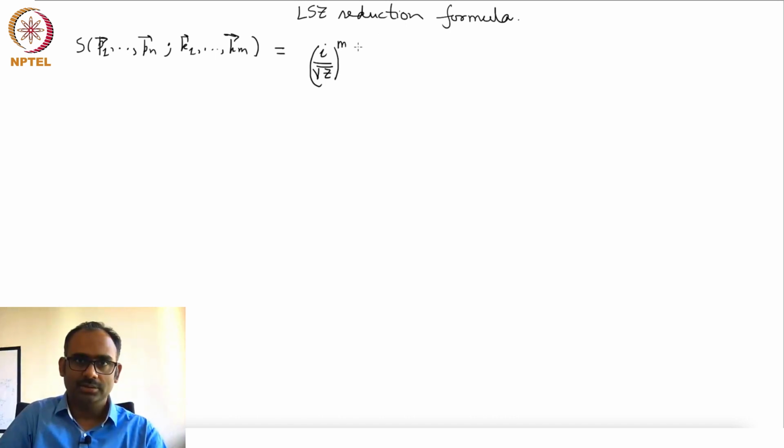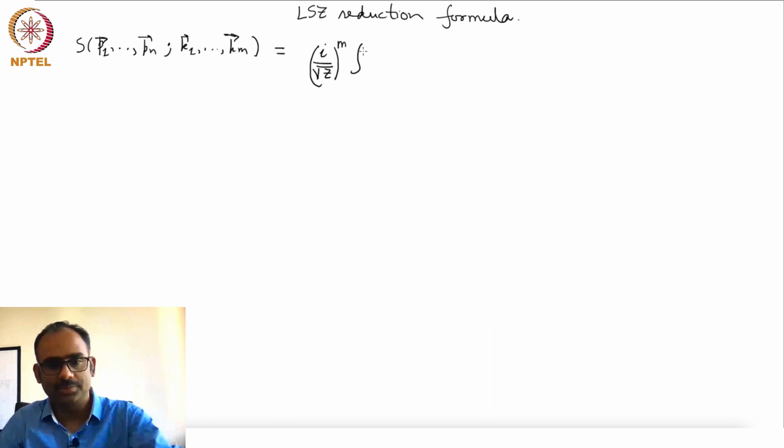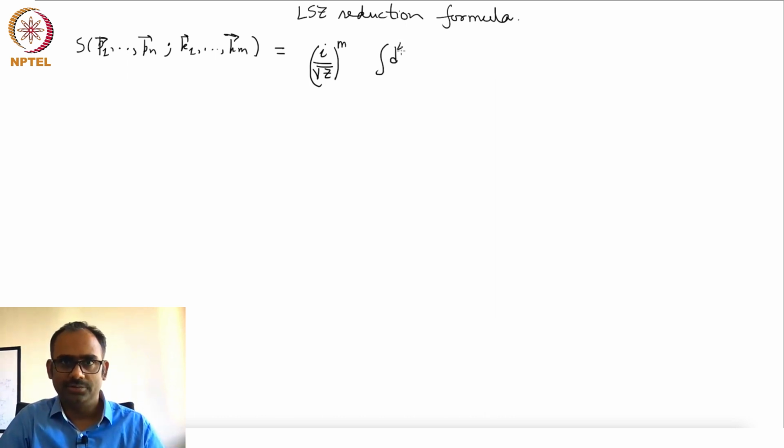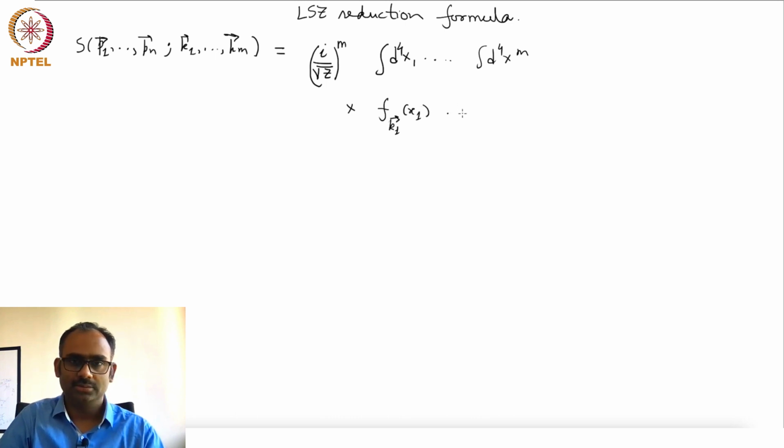okay, and then you have the integral d4x1 to d4xm, then f of k1 x1 times f of k2 x2 and so forth to f of km xm, okay, times box 1 plus m_p squared.